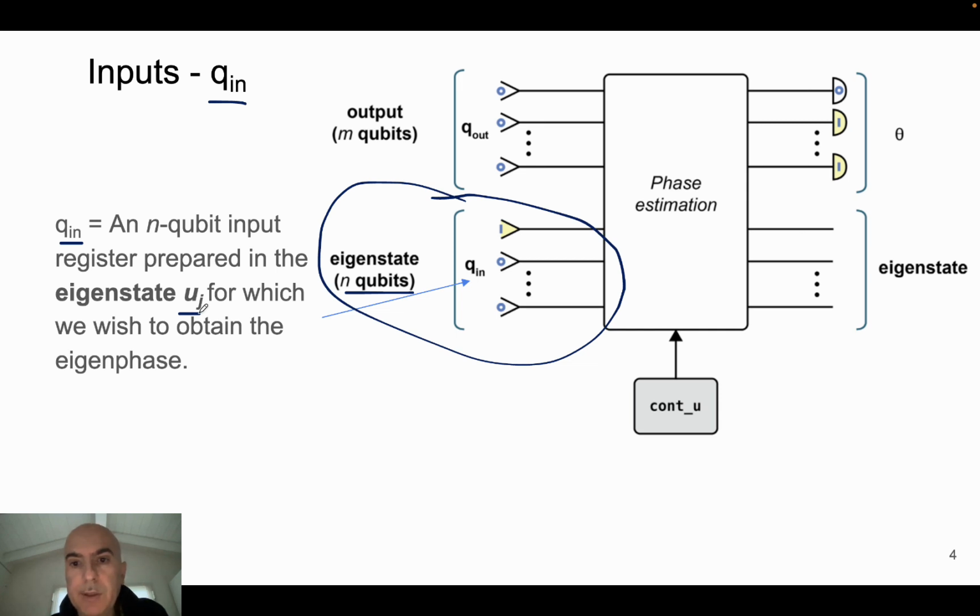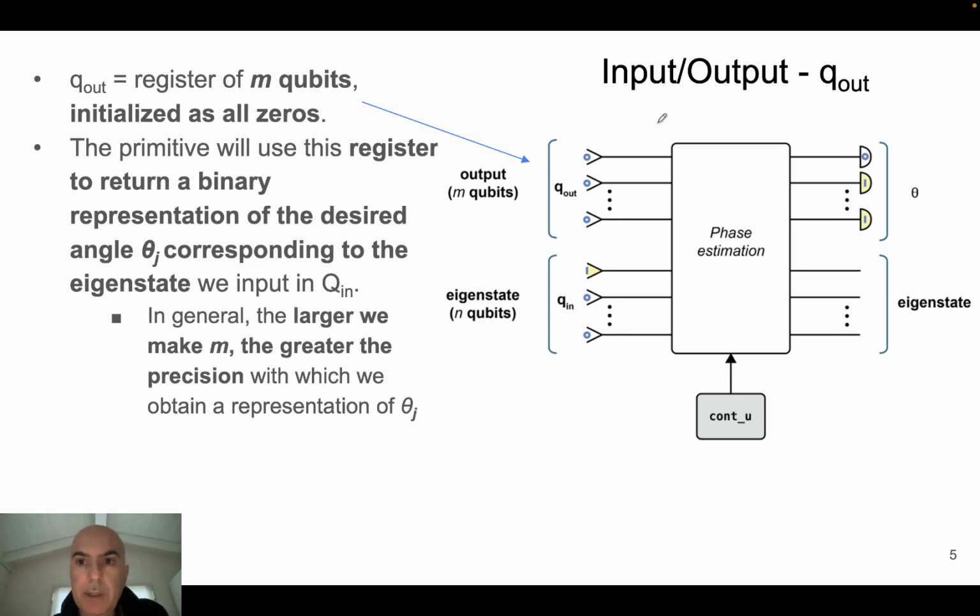So we know the eigenstate of the quantum gate. We want to know the eigenphase, and we put it as an input in our Q in quantum register for the phase estimation. So this is the input, and then we have the main output, which is Q out. We initialize this Q out as all 0.